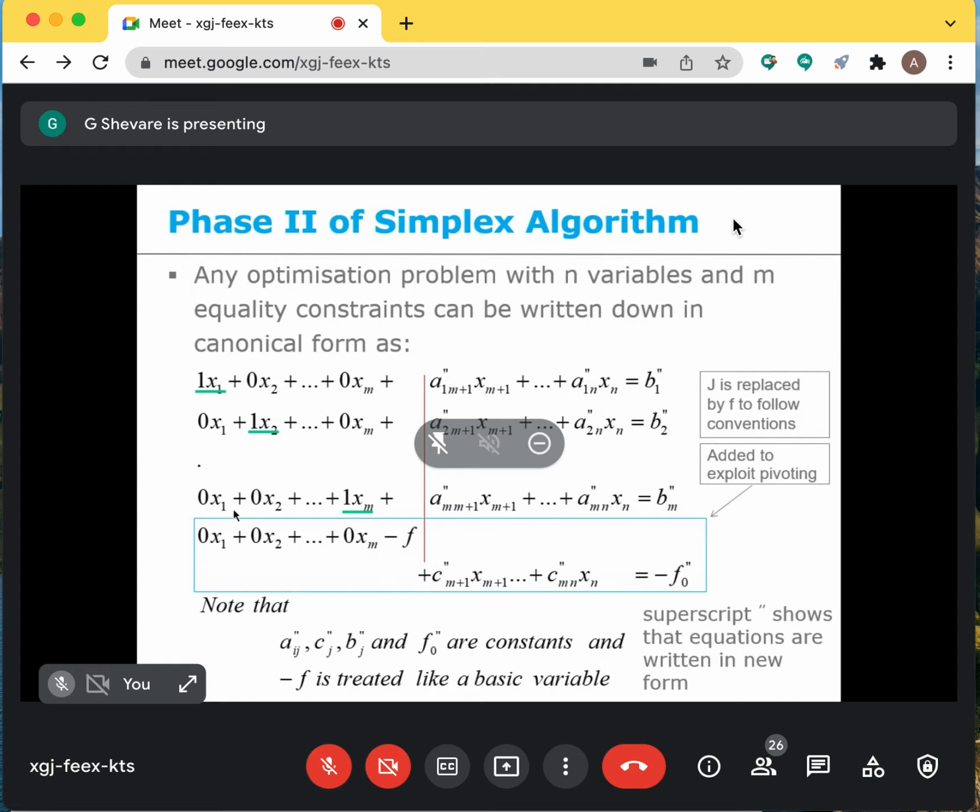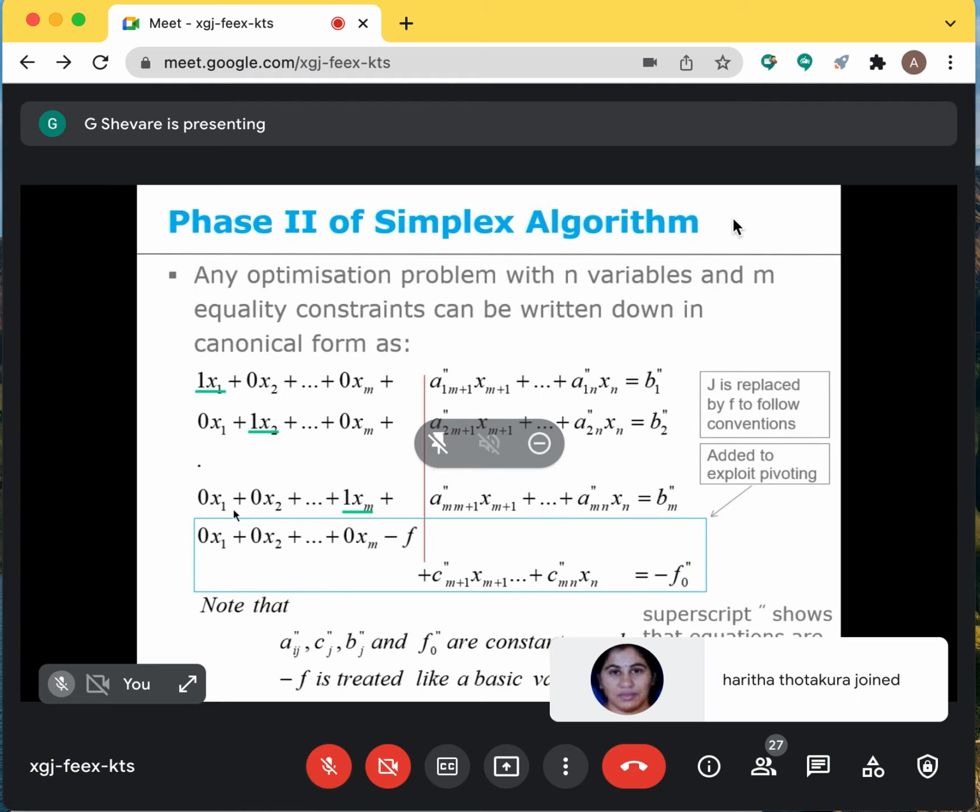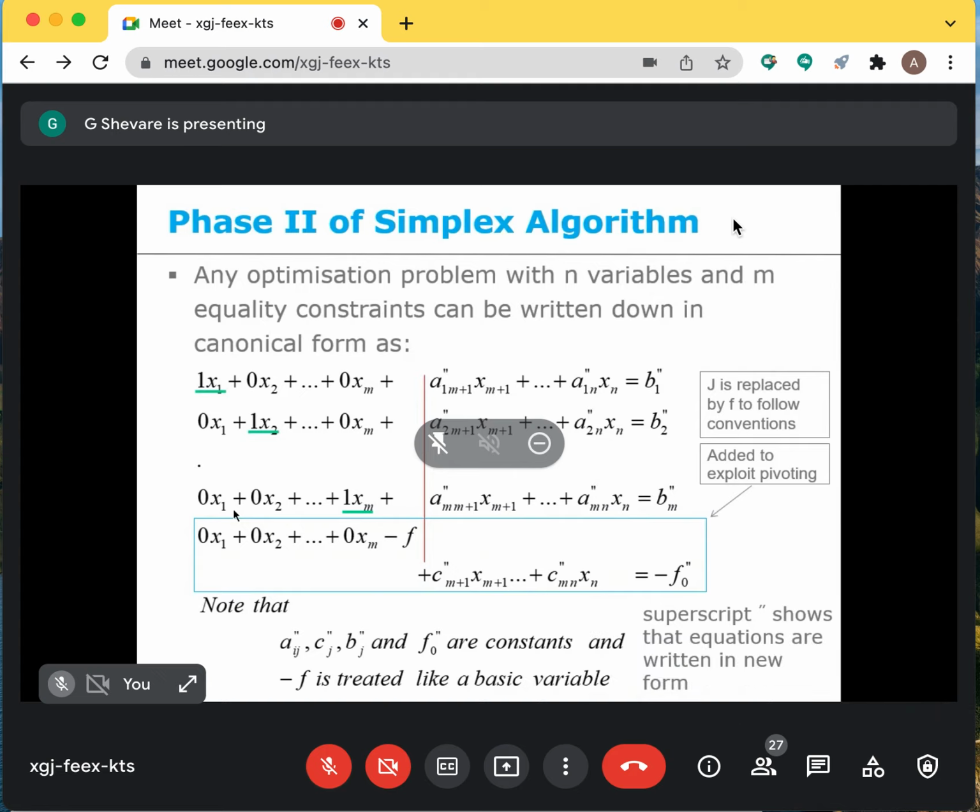It's the variable which has 1 as the coefficient, and the subsequent m minus 1 coefficients are 0. So diagonal entries of the first m equations would be 1. Off diagonal entries of the first m equations will be 0.